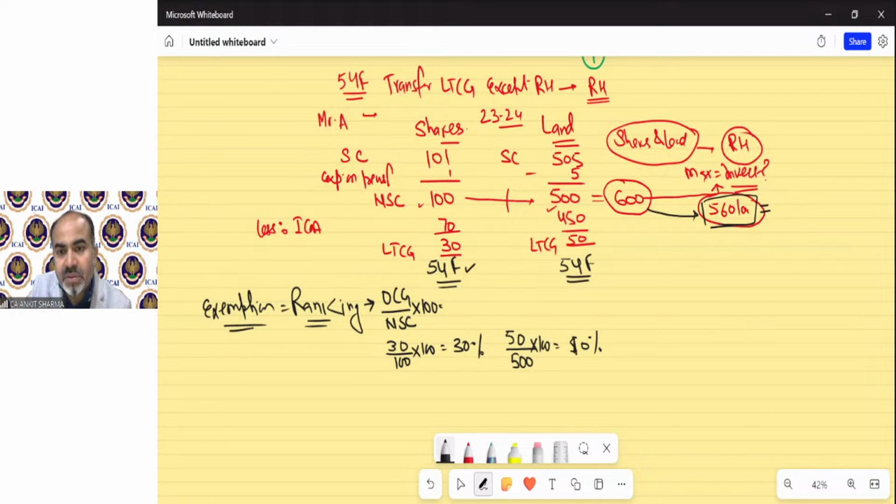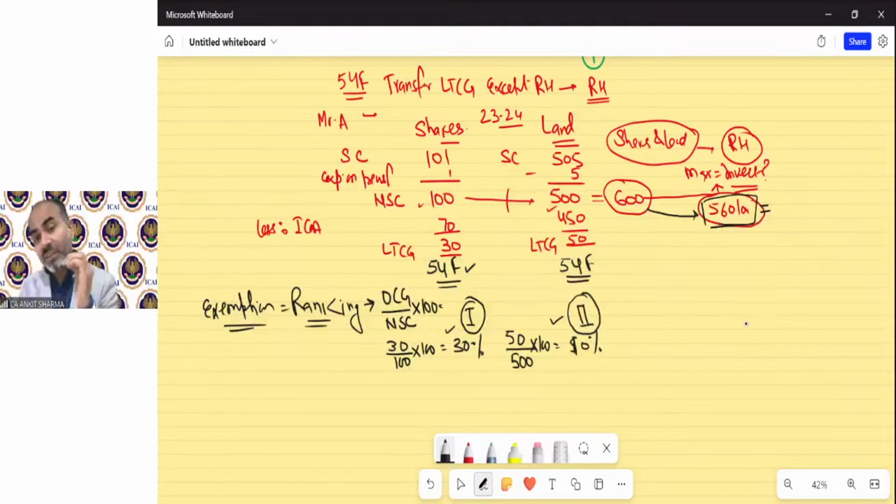Sorry, 10%. Clear? So technically, shares having 30% ranking percentage and land is just 10%. So who will have the higher percentage will go for the exemption first, and the balance will be provided to the second who will have the lower percentage.